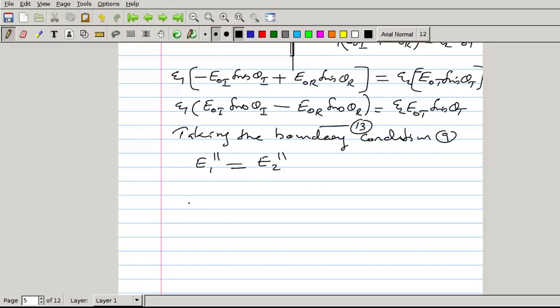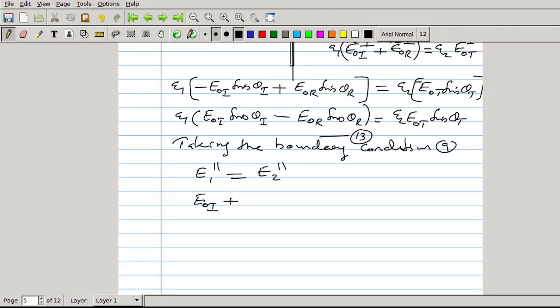The parallel component of E0I plus E0R parallel in the first medium is equal to E0T parallel at z equal to 0.